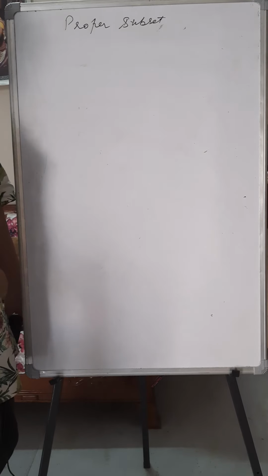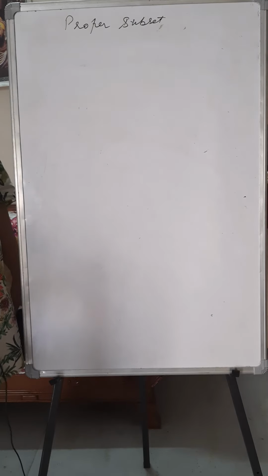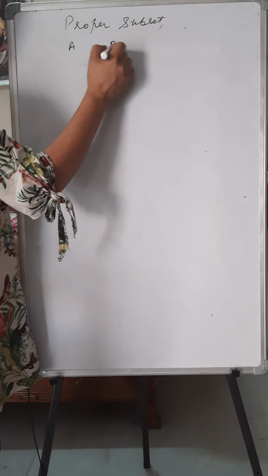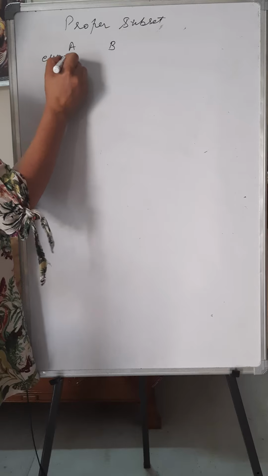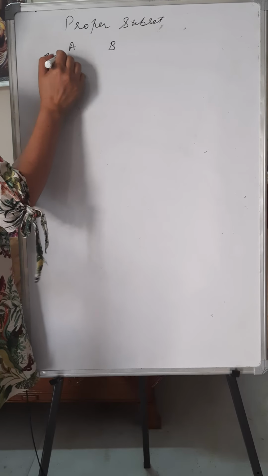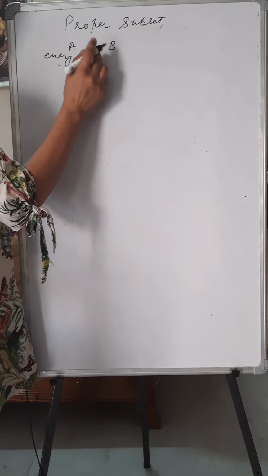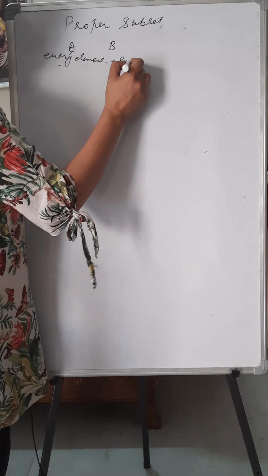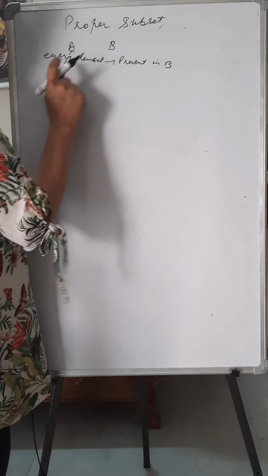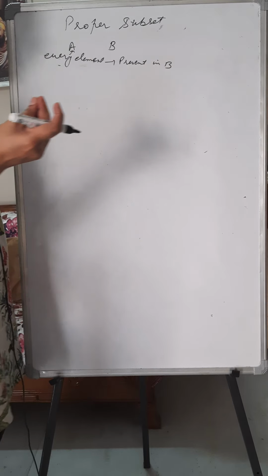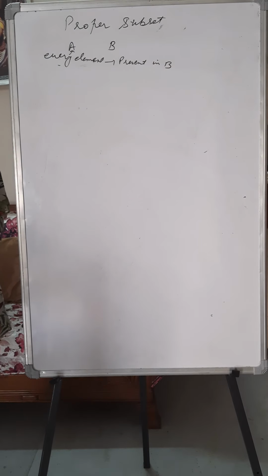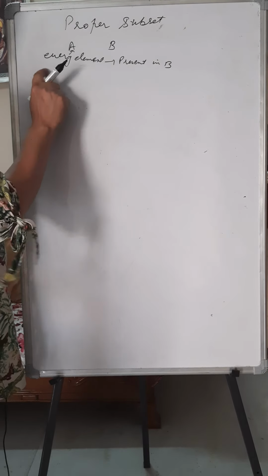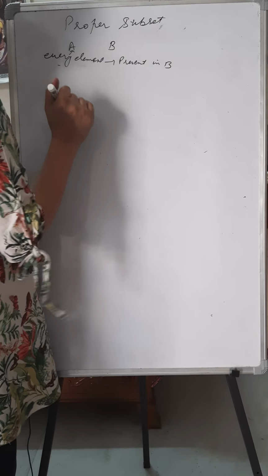If every element of A is also an element of set B, there are two sets, let us suppose A and B, every element of A is present in B. But if every element of A is present in B, it means A is a subset of B, right?